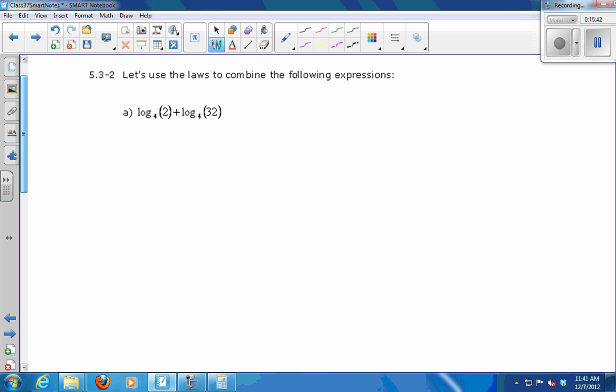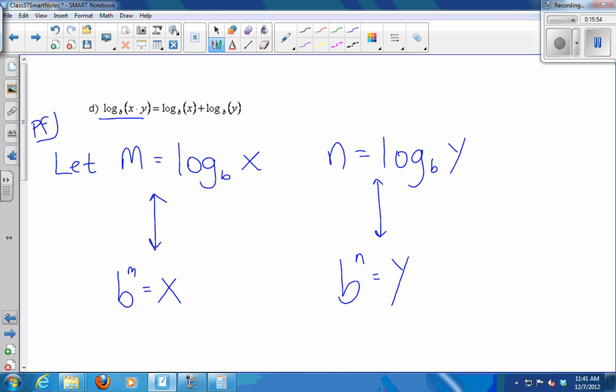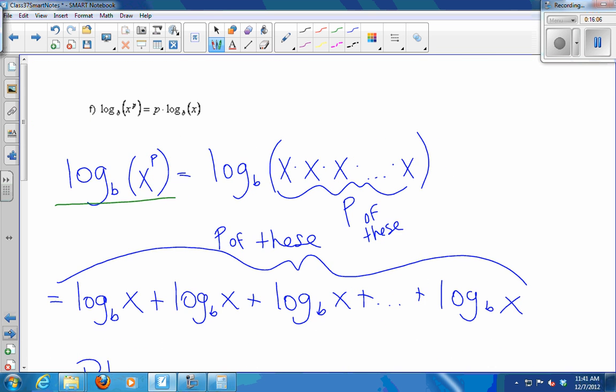So I have log base 4 of 2 plus log base 4 of 32. They have the same base, and it's addition, right? So I can use this law. Same base, and I'm adding them, so I can go backwards this way. So that says I can write them as a single logarithm where I multiply the two inputs.